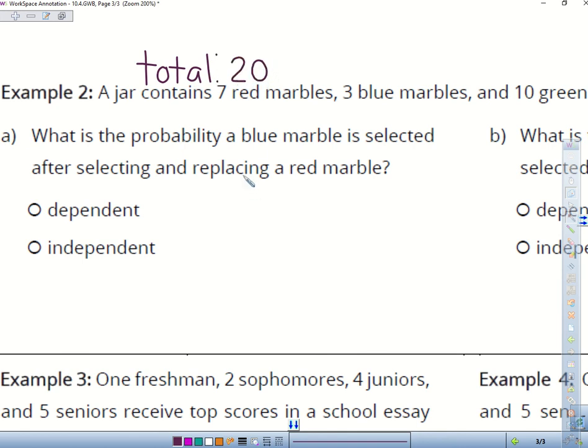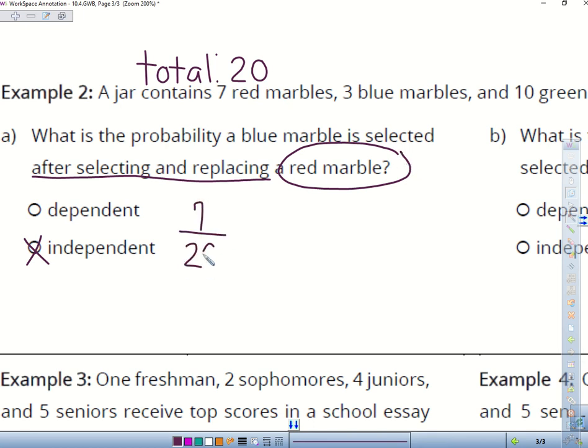So what is the probability a blue marble is selected after selecting and replacing a red marble? After selecting and replacing, is this independent or dependent? Independent. Good. So the first thing we're doing is we're picking a red marble. Everybody see why that event occurs first? What is the chance of picking a red marble? 7 out of 20.